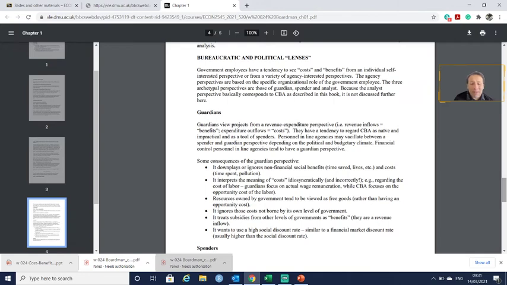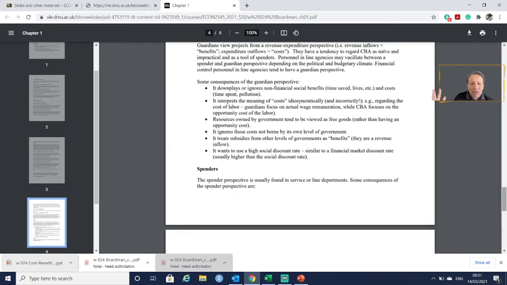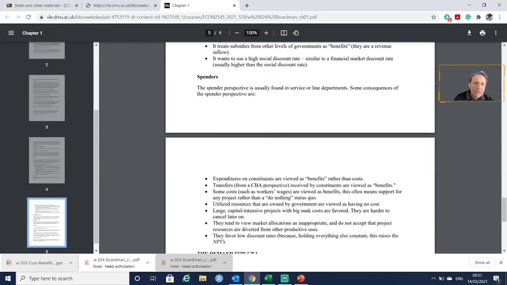The spenders, on the other hand, will focus more on the broad impacts on the whole community, for all the stakeholders of the analysis. So a consequence of the spender's perspective is that expenditures on constituents are viewed as benefits.